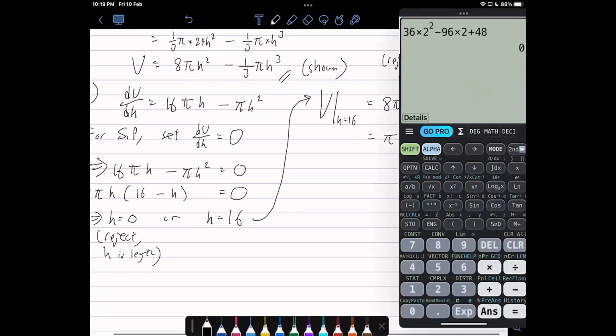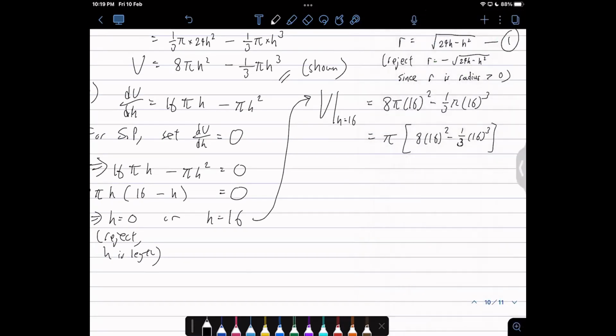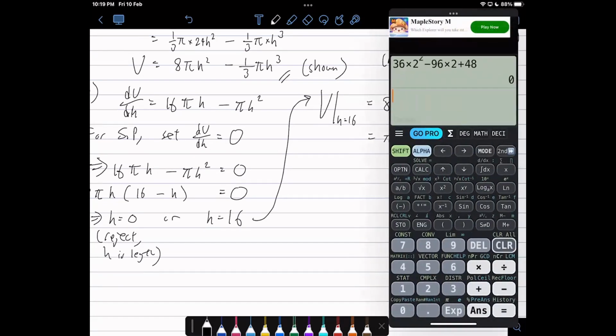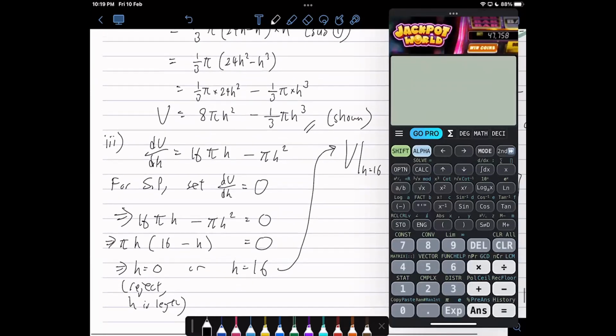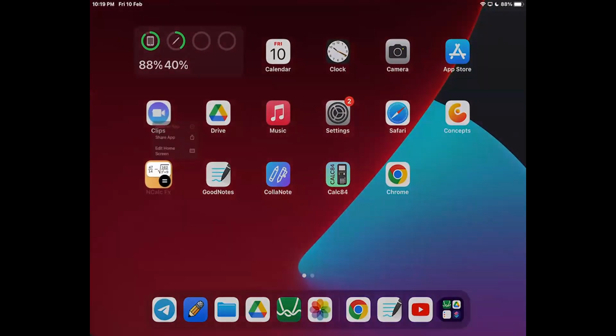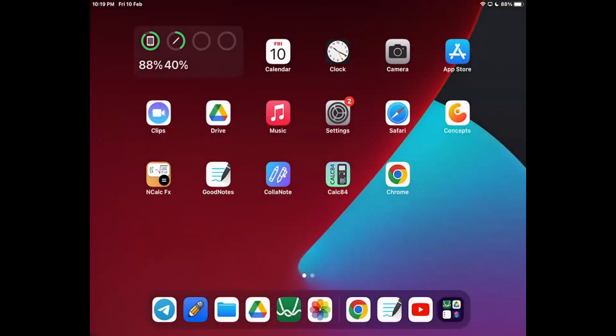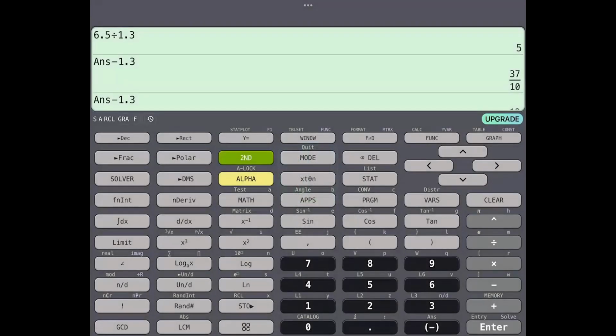Did you know you can download a calculator on your iPad? Wait, that's from your iPad? Yeah. Wait, how? I think the app is called NCalc. Free? Free. You download and then you get two. They will force you to get two calculators in that one app. I use this Calc84, I think, if that's the name.